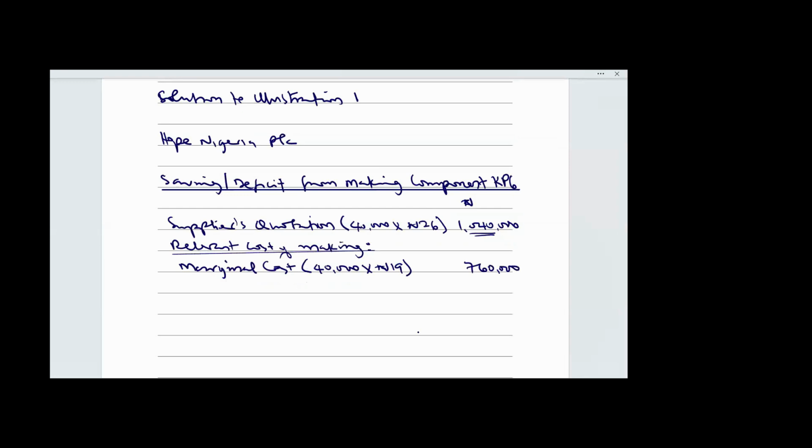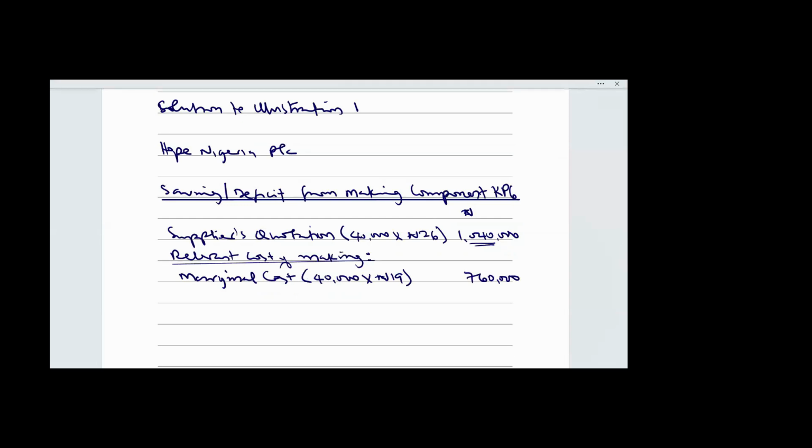You are also told that if the component is manufactured, the sales of 4,000 units of finished product of ENS will be lost. That has a marginal cost of 240 naira, then selling price of 320 naira. The difference between selling price and variable cost is contribution. So 320 minus 240 multiplied by 4,000 units.